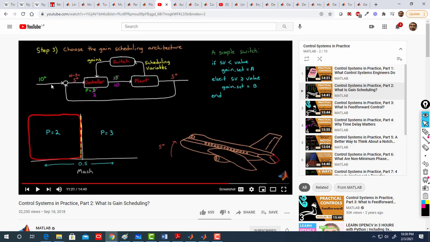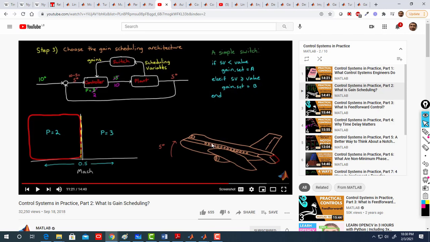Like for an inverted pendulum, it could be your reference angle, for example. Here the operating point, in this case the scheduled variable, is the Mach number. Depending on the Mach number, the dynamics change, like the example I showed you before with alpha and V for the aircraft, maybe theta for a pendulum, etc.